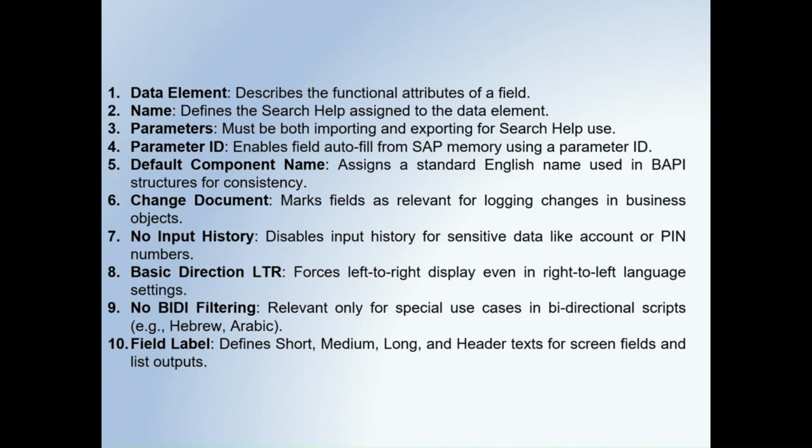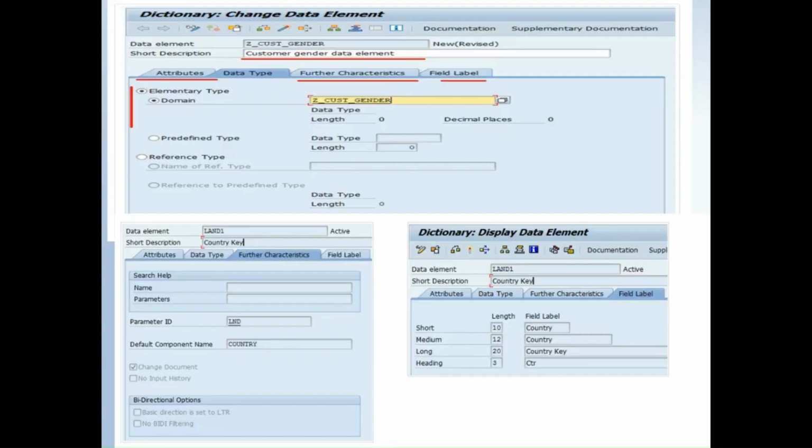These are part of further characteristics, the third tab, which is actually not used much, but for learning's sake we should know it. Let me show you. As you can see, in the further characteristics, the second snippet basically, it has search help written on it. It has name, parameters, and a parameter id.